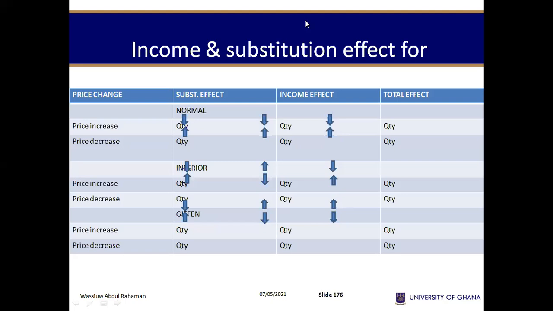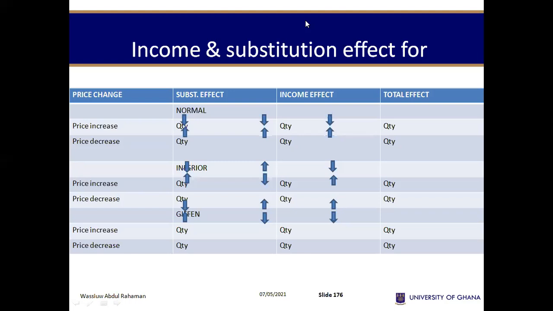So the ratio of marginal utilities, which is the slope of the indifference curve, will also be equal to the ratio of prices, which is the slope of the budget line. So we discussed extensively this consumer equilibrium the last time we met.